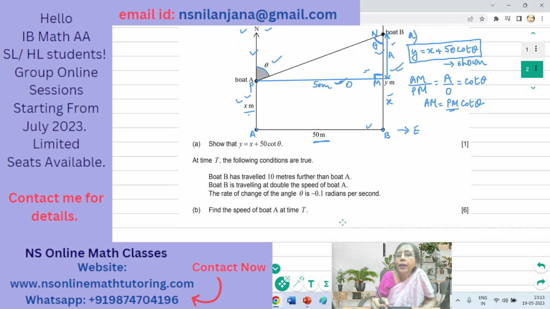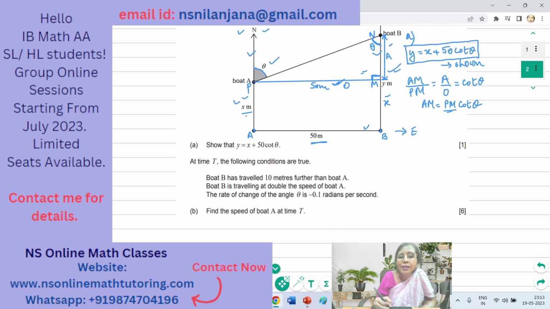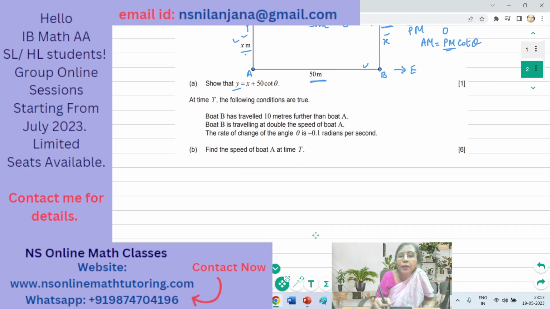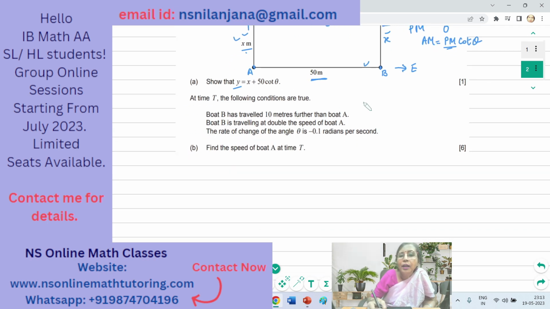Okay. And we are seeing the distance that boat B has traveled is given by y. See, y means the distance traveled by boat B is y, and the distance traveled by boat A is x. So we are keeping those variables.